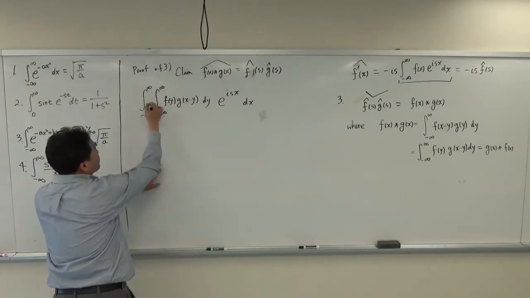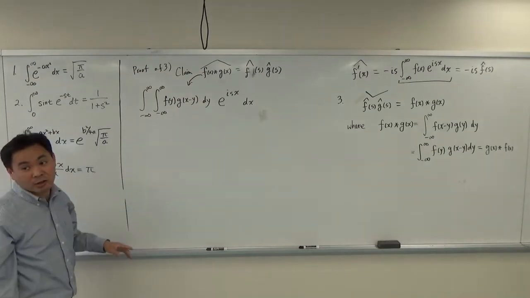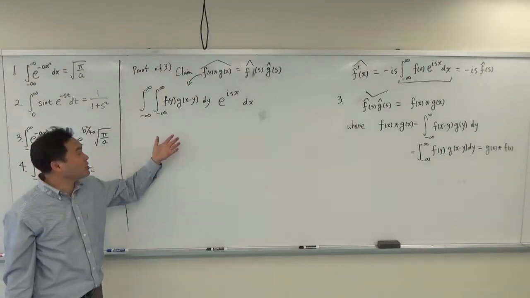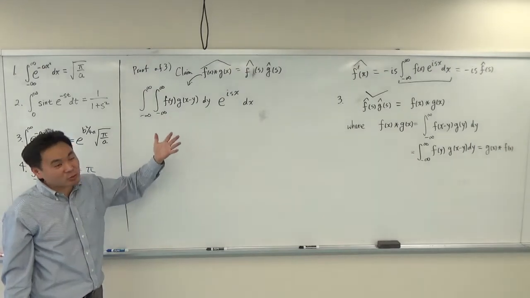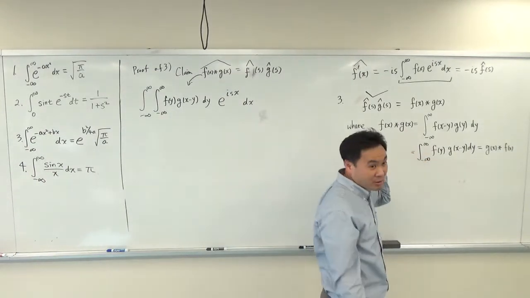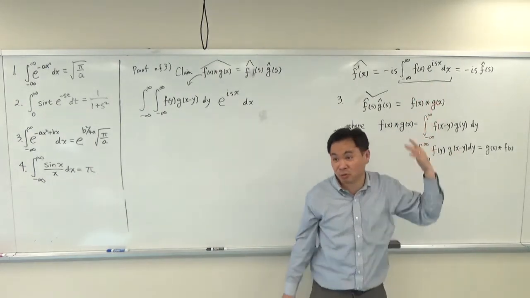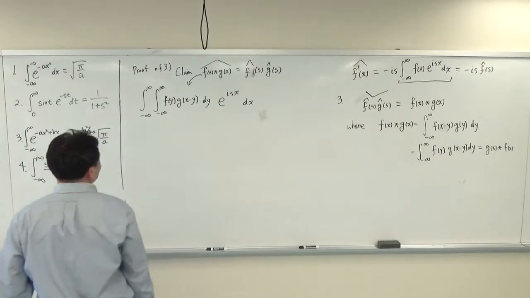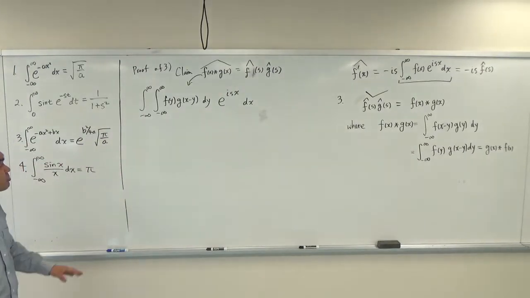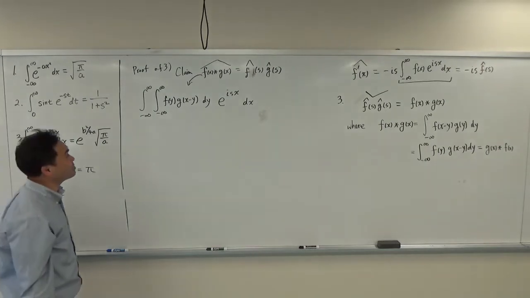Okay, so that's this one. Are you okay? Looks very confusing, but all I did was plug in this definition and the other definition, which is the Fourier transform. I just combined the two. That's all I did. So there's no reason to freak out. It's just as it is. I didn't do anything magical.